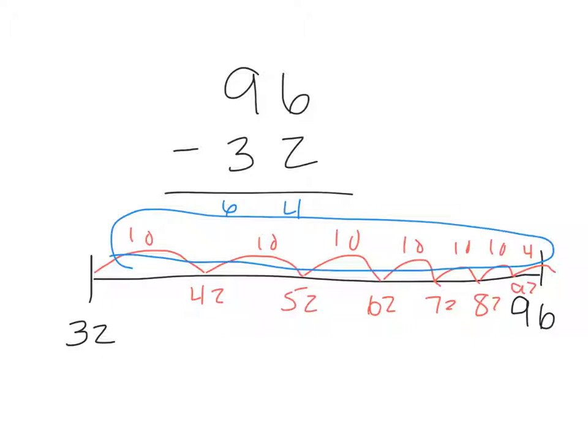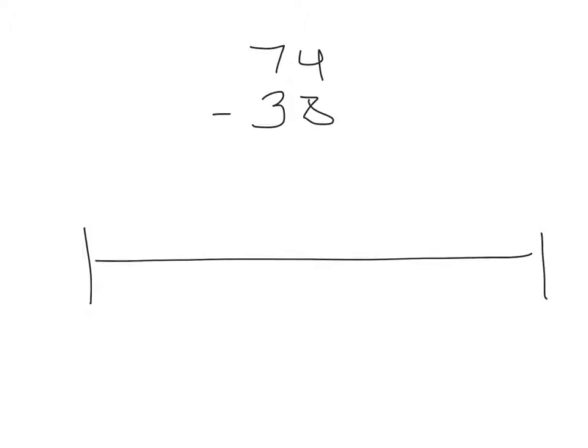Let's look at another one. Let's say my subtraction problem is 74 minus 38. Again, I'm going to create this number line that's open. I'm going to let it not have numbers in the middle. I'm going to put my 38 here and my 74 at the end.